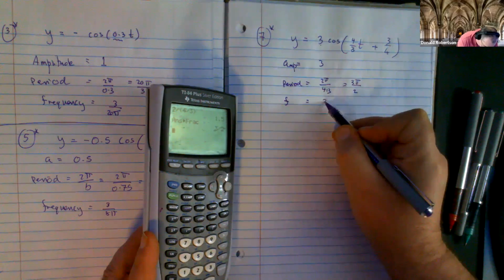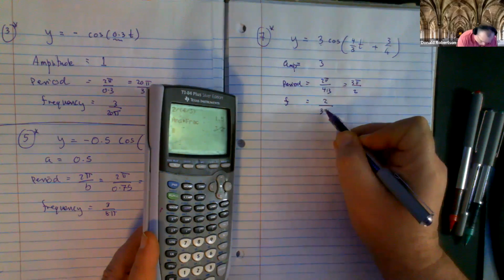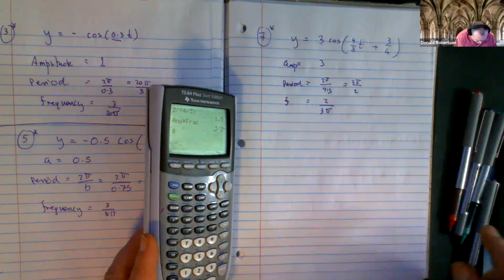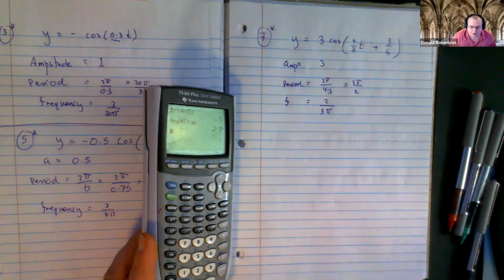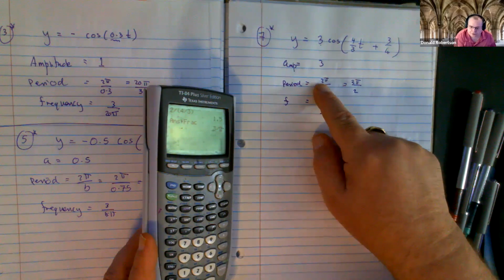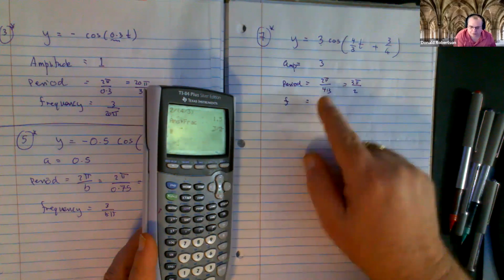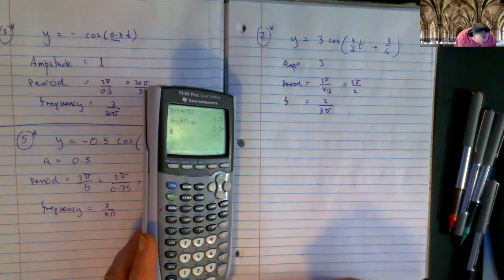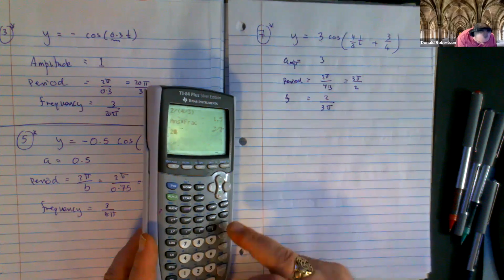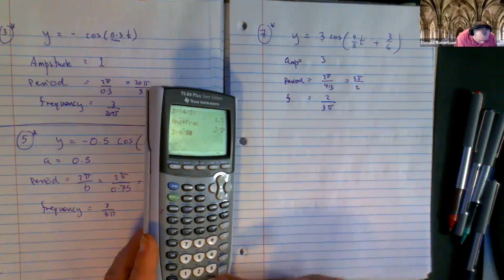So the frequency would be that one. Now, if you look really carefully, when I did this one, it was 2 divided by 4/3, and I put brackets around the 4/3. Here's 2 divided by 4/3 without the brackets.